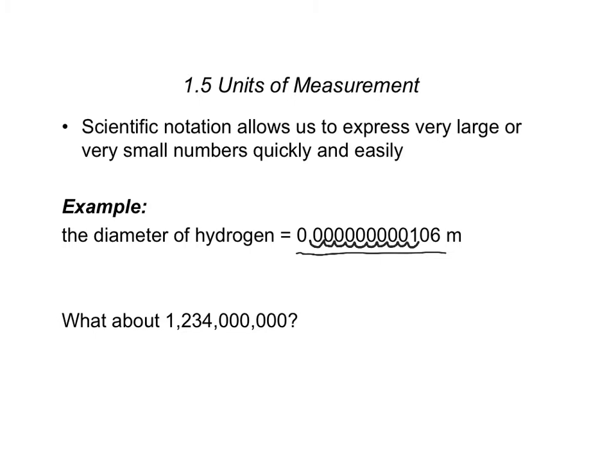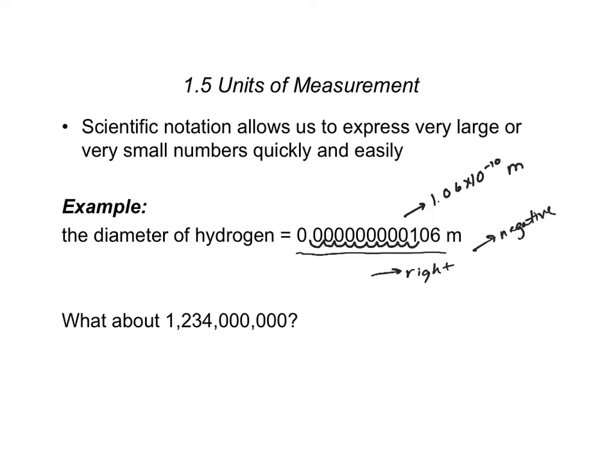Okay, so I've gone 10 spaces to the right. So a way to write this in scientific notation would be 1.6 times 10 to the minus 10th. And then what is my unit here? Meter. It's a unit of length. Okay. So when we move the decimal to the right, what happens to the sign on the exponent? It gives us a negative sign.